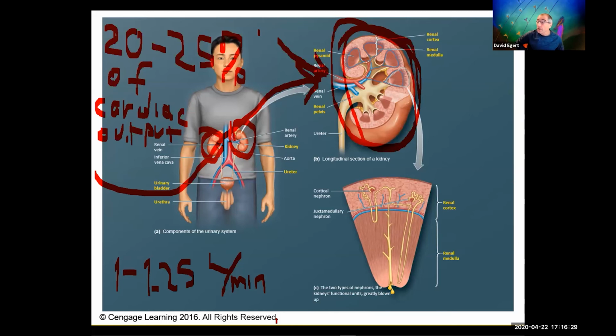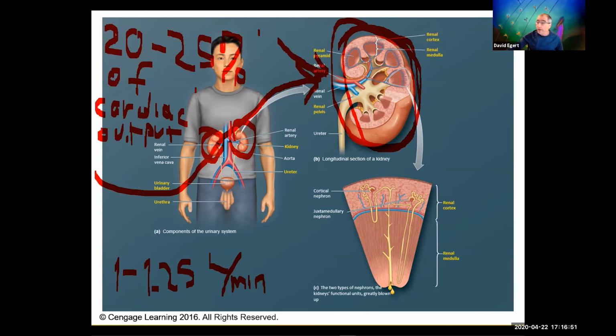Obviously, your kidney tissue doesn't need that much blood just for its oxygen and nutrients. So most of that is so the blood can be processed, and that's where we're going to be doing all the balancing, getting rid of wastes and things. So we'll be spending a lot of time looking at what's going on in the kidneys.